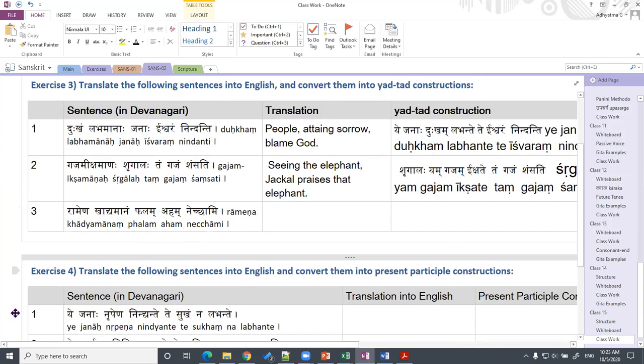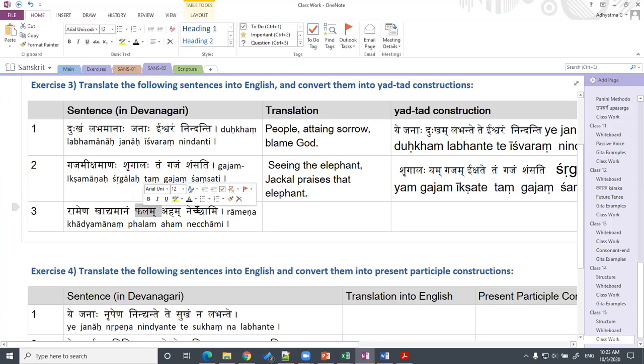Here, if you look, this is Ramena Khadyamanam. So it is coming Ramena, that kind of gives you a clue that it's a passive form. So Khadyate, Ramena Khadyate, it is eaten by Rama. So Ramena Khadyamanam, the fruit being eaten by Rama. Phalam aham nechami. Nechami is na ichhami becoming nechami.